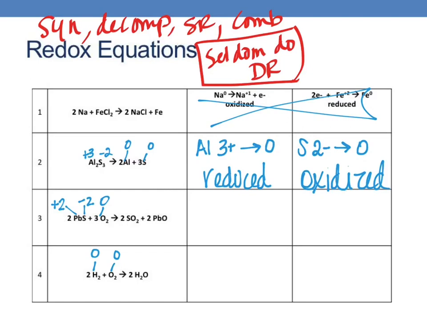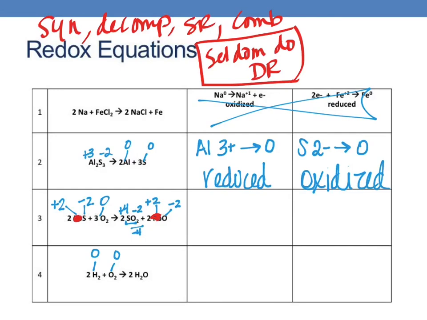Over here, this is a covalent bond, so oxygen is always a -2. So sulfur has to be what here? Not +2, because we have a total of -4. Oh, +4. Oxygen's a -2 here, so lead has to be a +2. So whose charge stayed the same throughout the whole thing? Lead. So lead's not going to be oxidized or reduced.